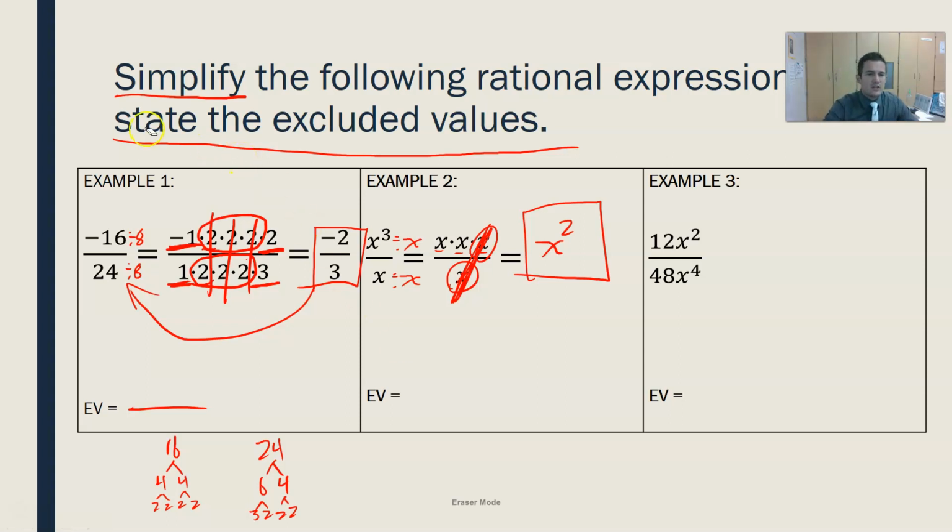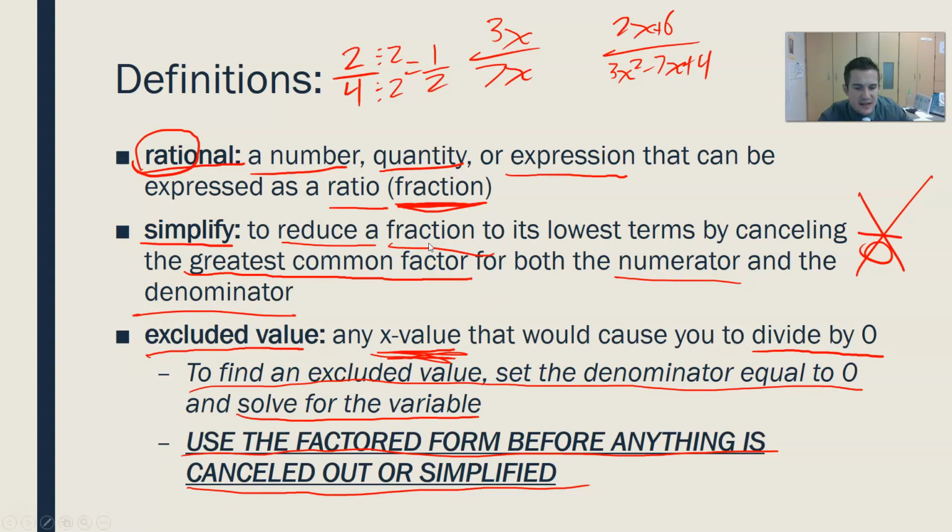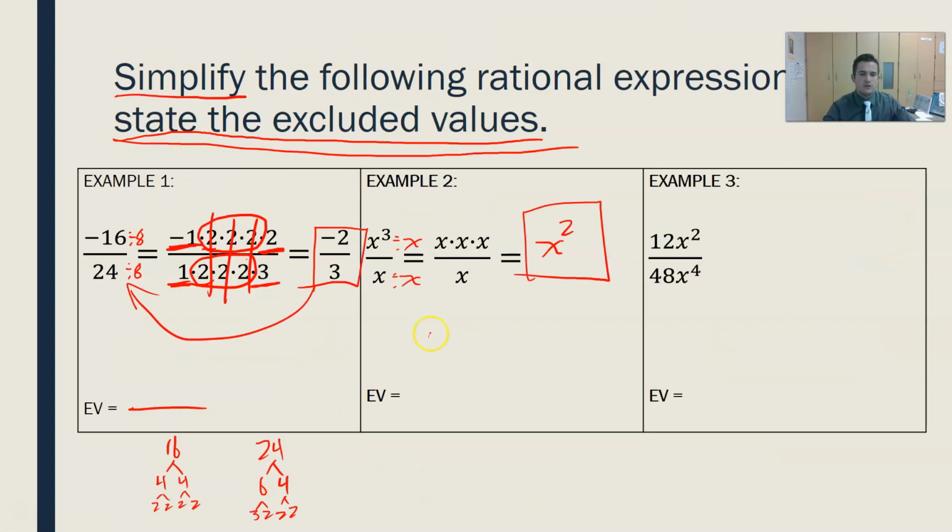So now we're going to talk a little bit more about stating the excluded values. Notice, before I simplified, in the excluded values instructions, I said we need to use the factored form before anything is canceled out or simplified. So if I go to this expression before I canceled anything out, notice that I have an x in the denominator. So in order to find my excluded values, when I have my factors in the denominator, I'm going to set them equal to 0.